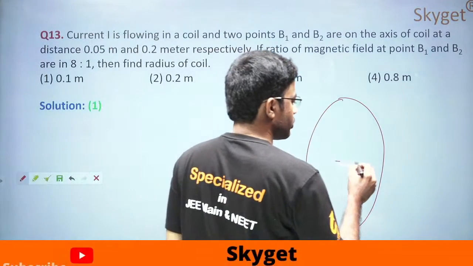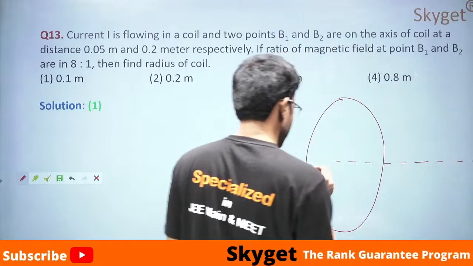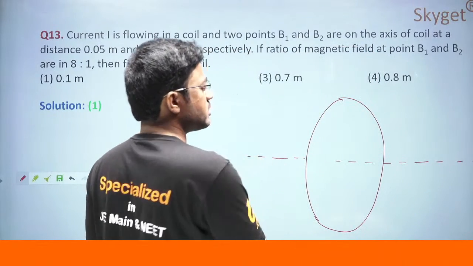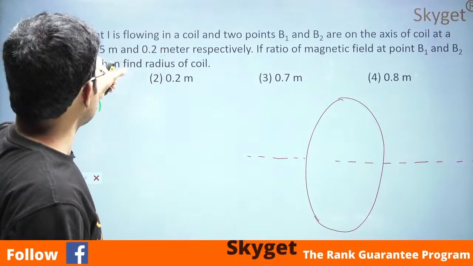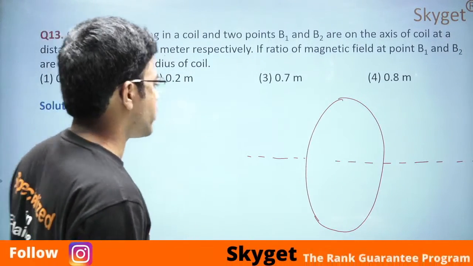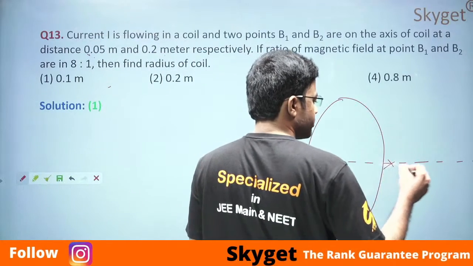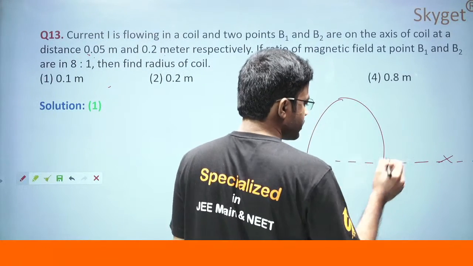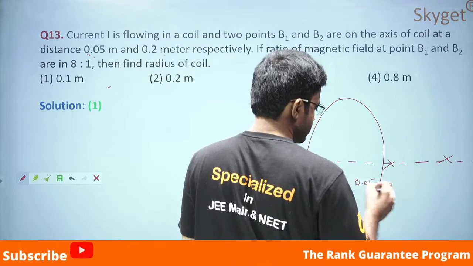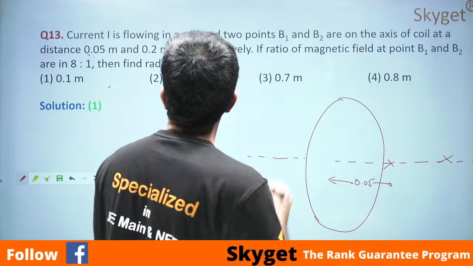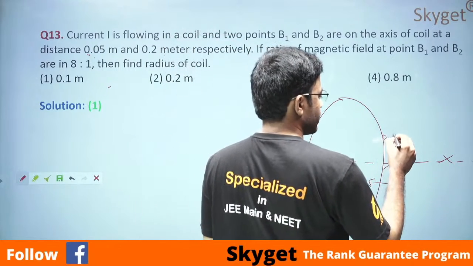So let us take this to be the axis of the coil. He has said there are 2 points at distances of 0.05 meters and 0.2 meters. Let those 2 points be here. The first point is at a distance of 0.05 meters and the second point is at a distance of 0.2 meters.